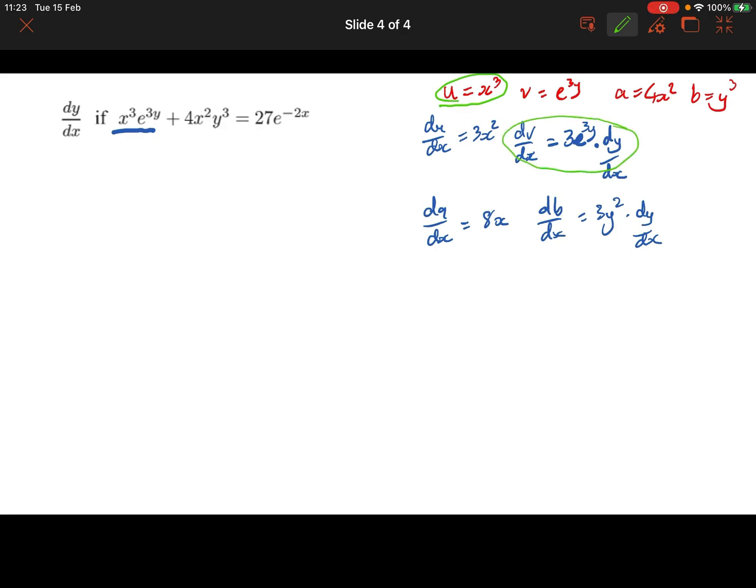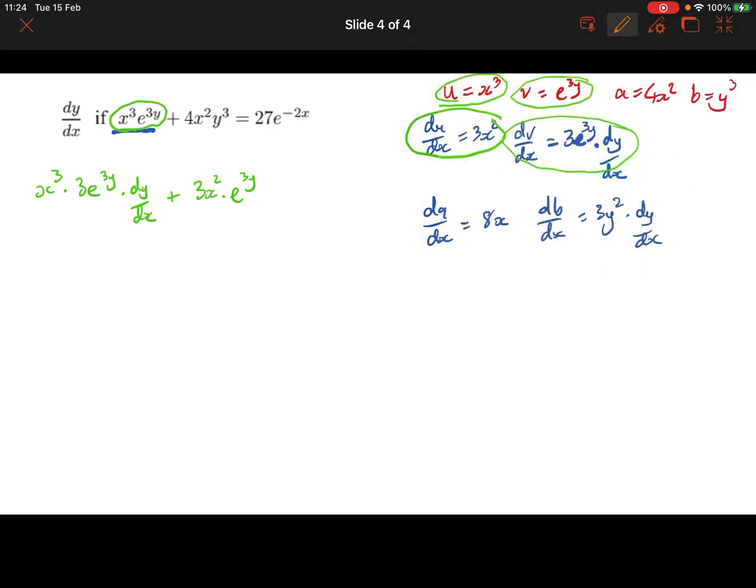Okay, so it's going to be x cubed times the differential of the other one, which is 3e to the 3y dy dx, plus this times this. So it's going to be plus 3x squared times e to the 3y. That's just this bit here, okay?